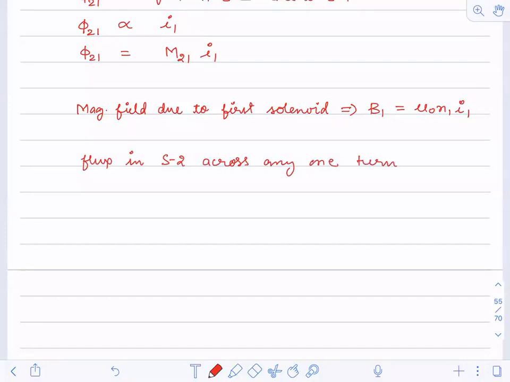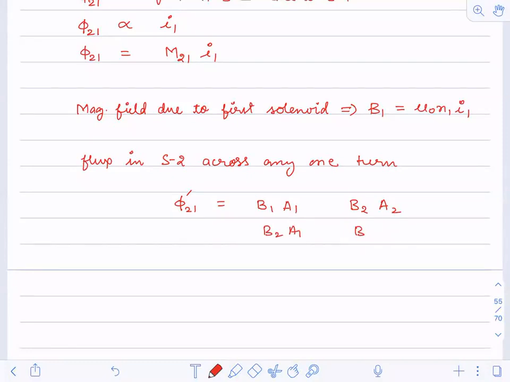So flux in 2 due to any one turn is written as phi 2 1 dash. What will be its value? Shall I write it as B1 A1, or shall I write it as B2 A2, or shall I write it as B2 A1, or B1 A1?